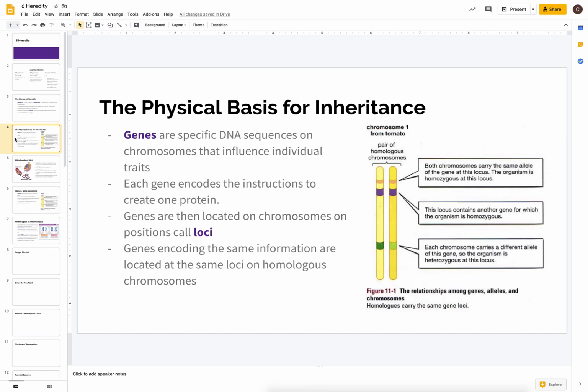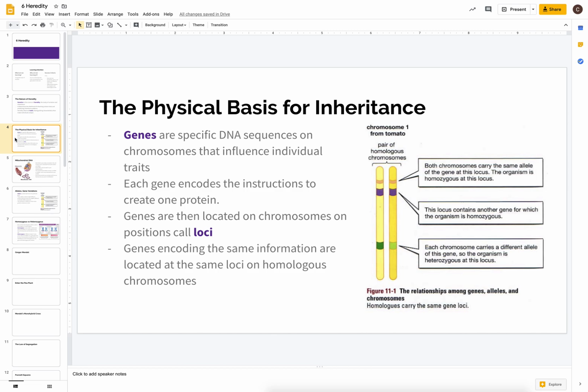As you might know, these traits come from genes. Genes are specific DNA sequences on a chromosome that influence individual traits. What each gene actually does is it encodes instructions to create one protein.